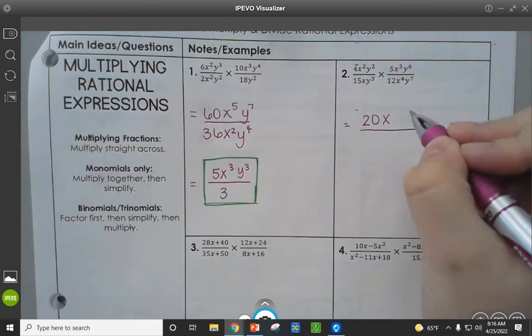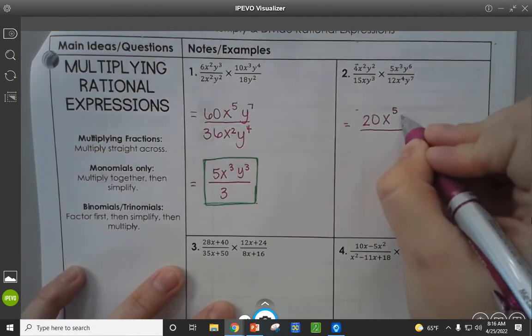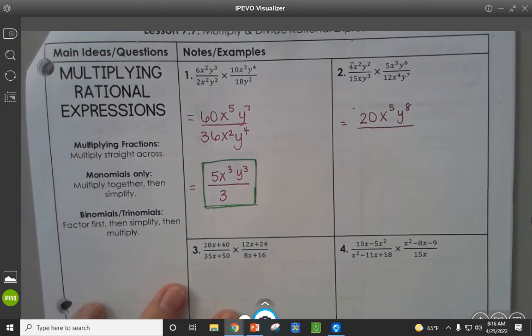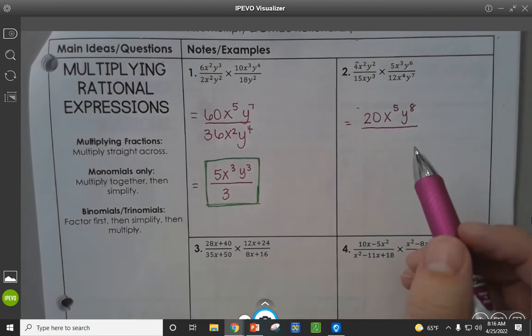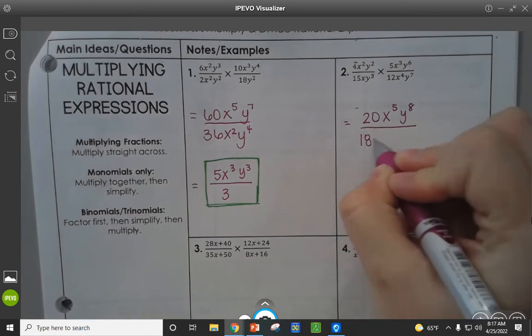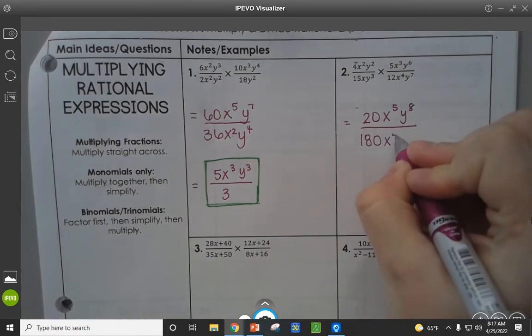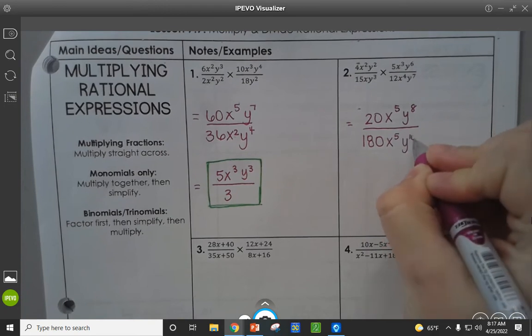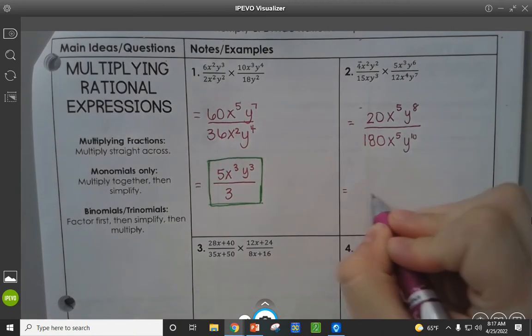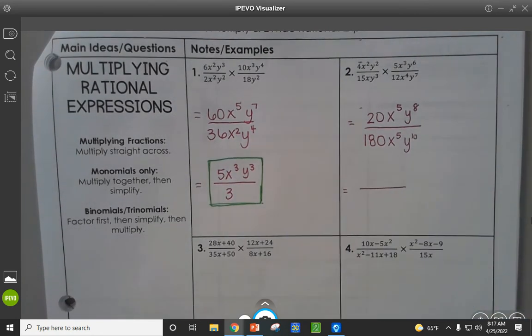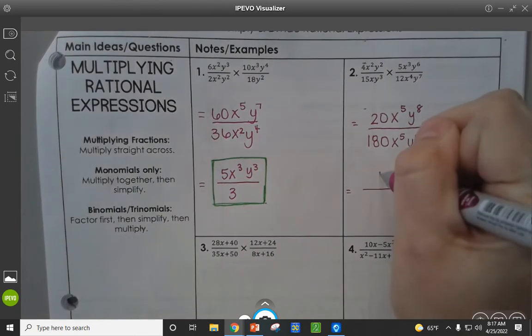Then I have x to what power? y to the 8th. 15 times 12 is 180. x to the y to the 10th. Okay. 20 over 180, what does that simplify to? 1/9.